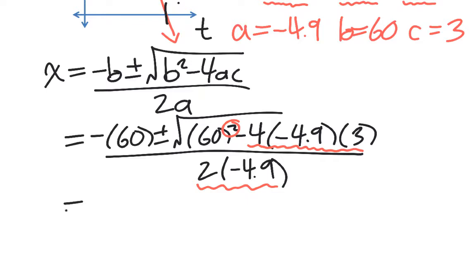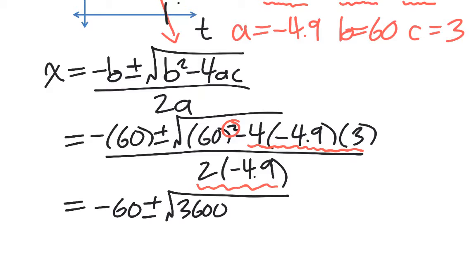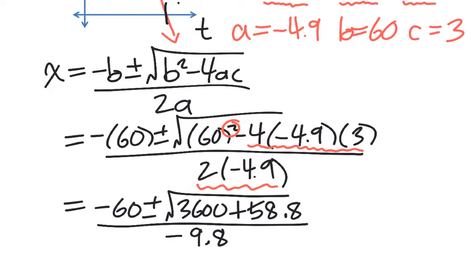The negative 60 stays the same. 60 squared is 3,600. Negative 4 times negative 4.9 times 3 is positive 58.8. And in the denominator, 2 multiplied by negative 4.9 is negative 9.8.